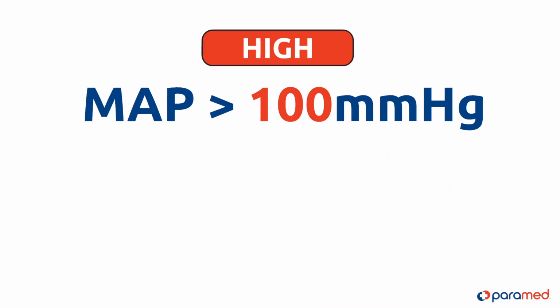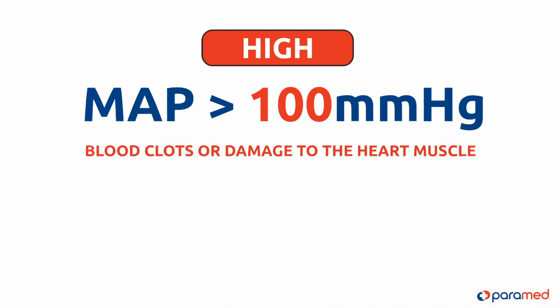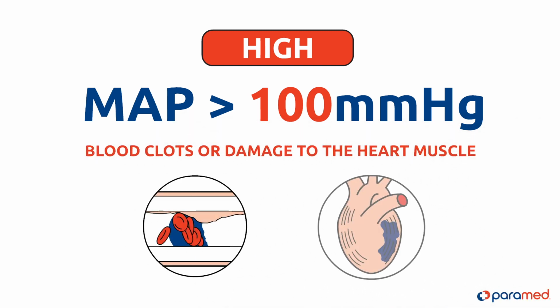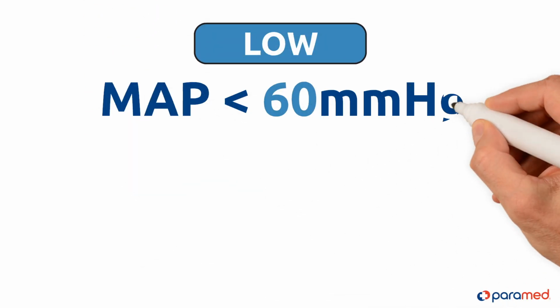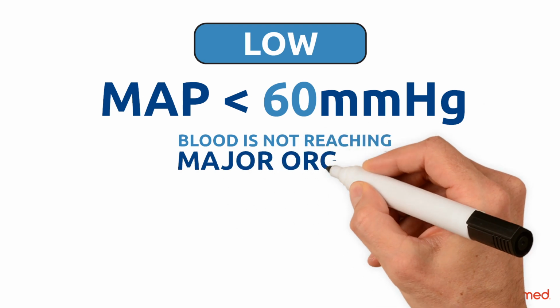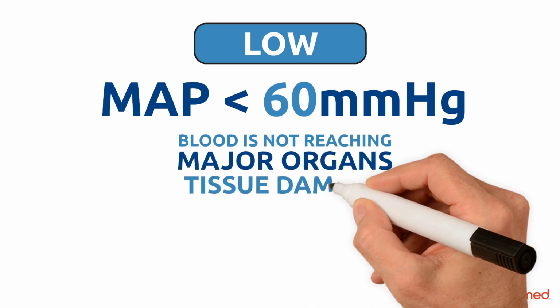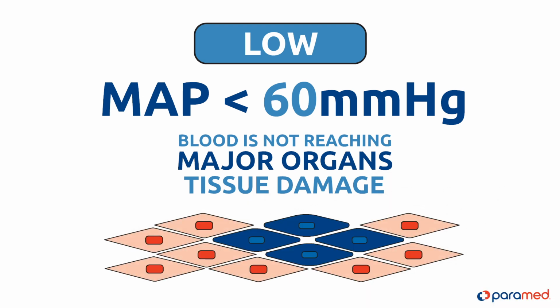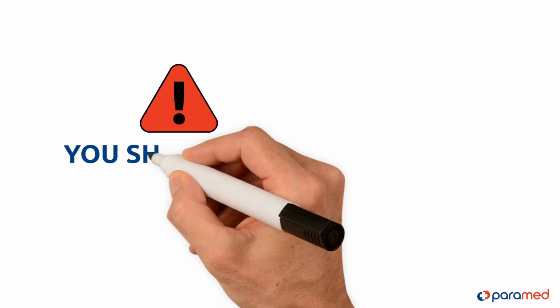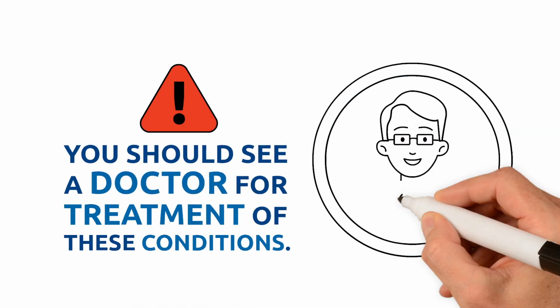High BP, greater than 100 millimeters of mercury, indicates high pressure in the arteries, which can lead to blood clots or damage to the heart muscle. Low BP, below 60 millimeters of mercury, indicates that blood is not reaching the major organs. Without blood and nutrients, organ tissue begins to die off, resulting in irreversible damage. You should see a doctor for treatment of these conditions.